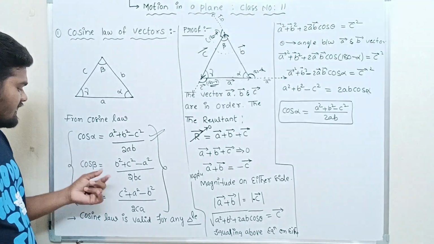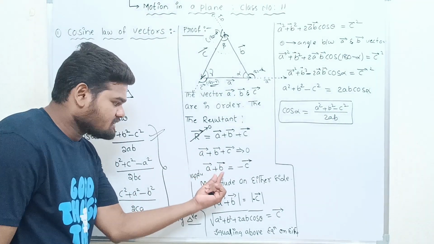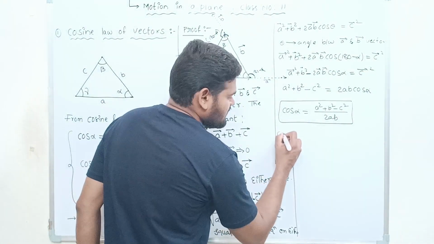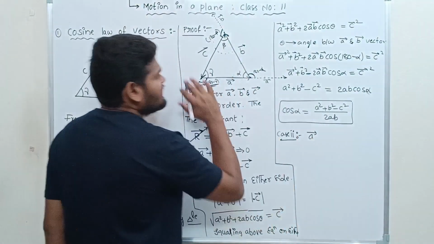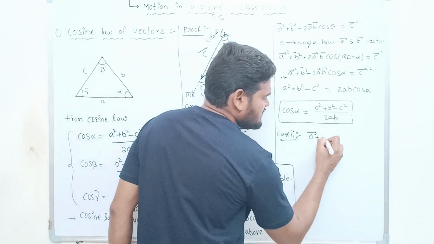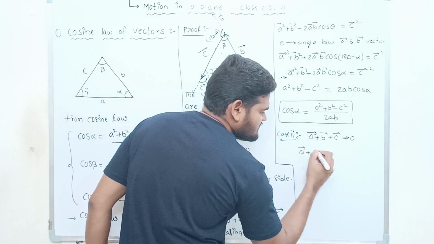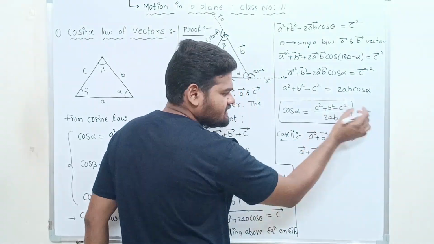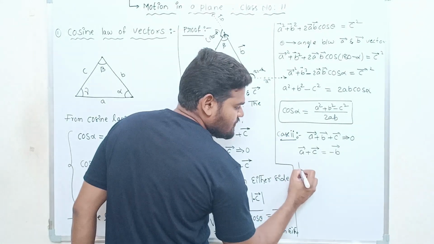Now, if you want to find cos beta, here what we are doing? Case number 2, if you want to find beta. From this triangle, it is clear that A bar plus B bar plus C bar is equal to 0. Place A bar plus C bar here itself and bring this minus B bar to that side. It becomes minus B bar. After that, just apply magnitude.